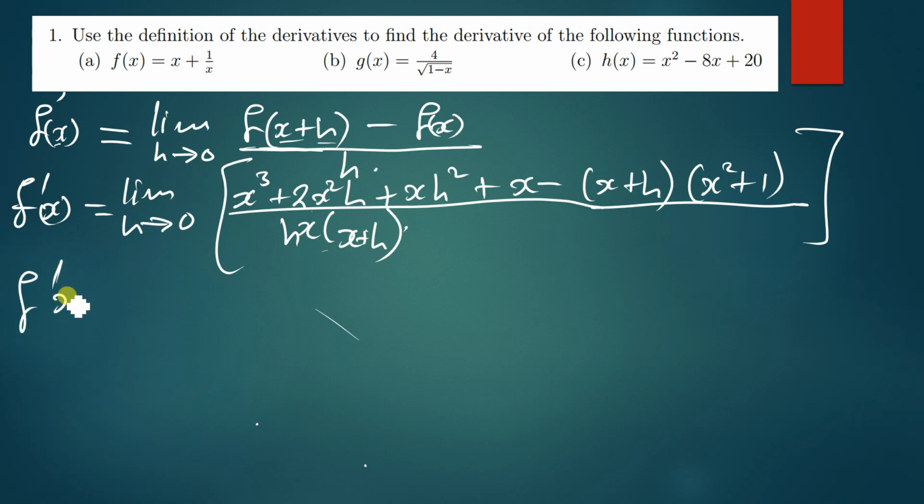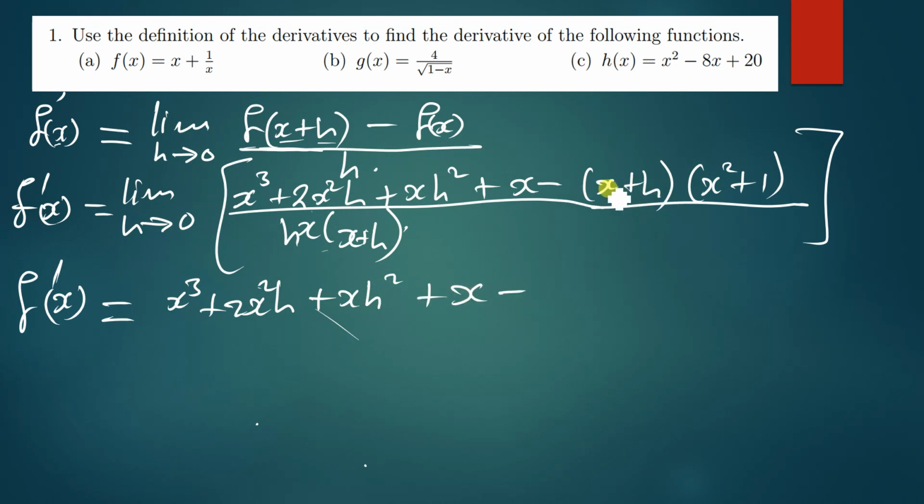So f prime of x is therefore going to be equal to, simplifying the numerator there, x to the power 3 plus 2x squared h plus x h squared plus x minus... So when you simplify this expression, we have x times x squared, which is x to the power 3. X times 1, we have x.